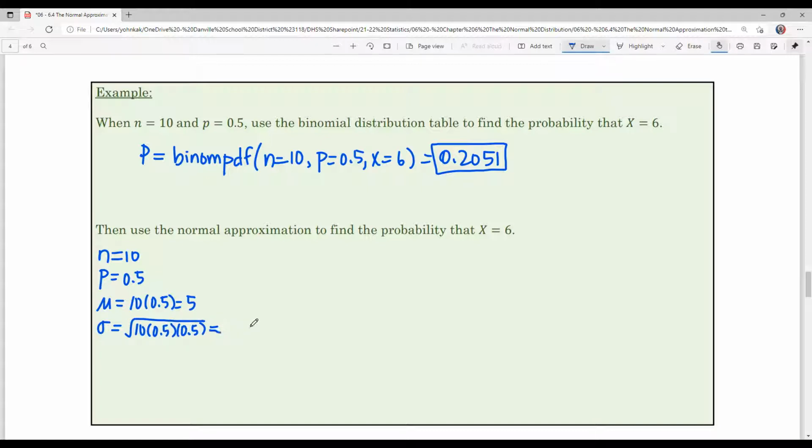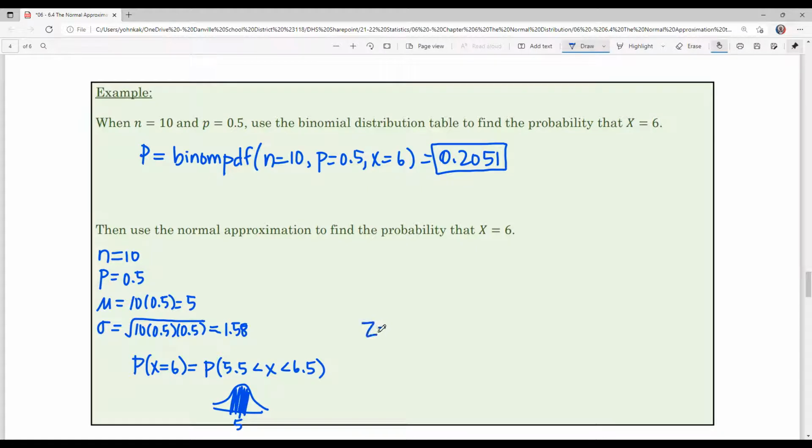That's going to give me 1.58. Or 1.58. You can say 1.59. It's not that big of a deal. Okay, I'm looking for the probability that x equals 6. But if I use the normal distribution, I'm going to use 5.5 to 6.5. So that's going to give me a picture. If I put 5 in the center, 5.5 to 6.5.